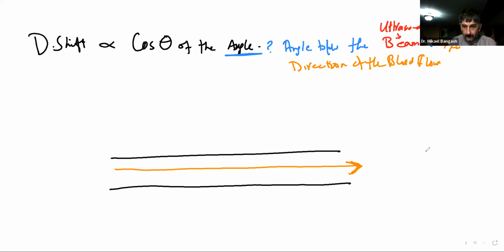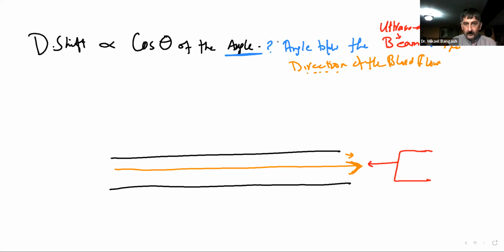So if this here was the transducer and it sends out a beam like this, the direction of the blood in this case is towards the transducer.